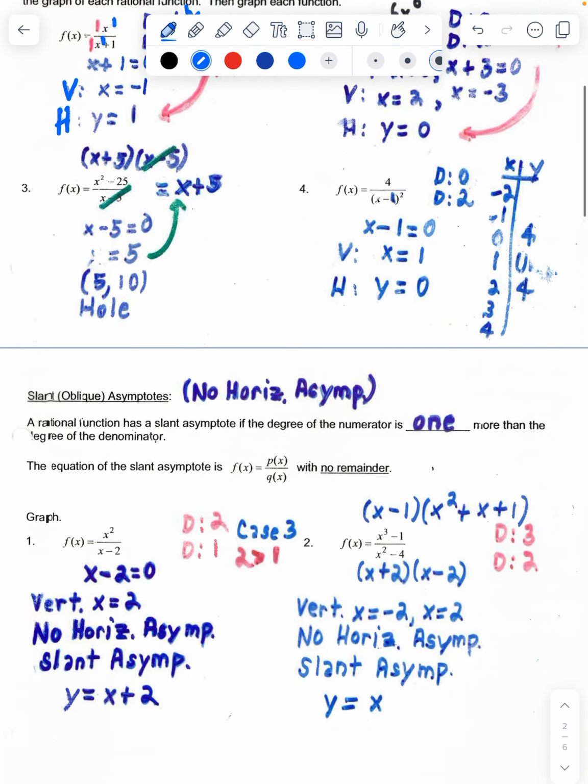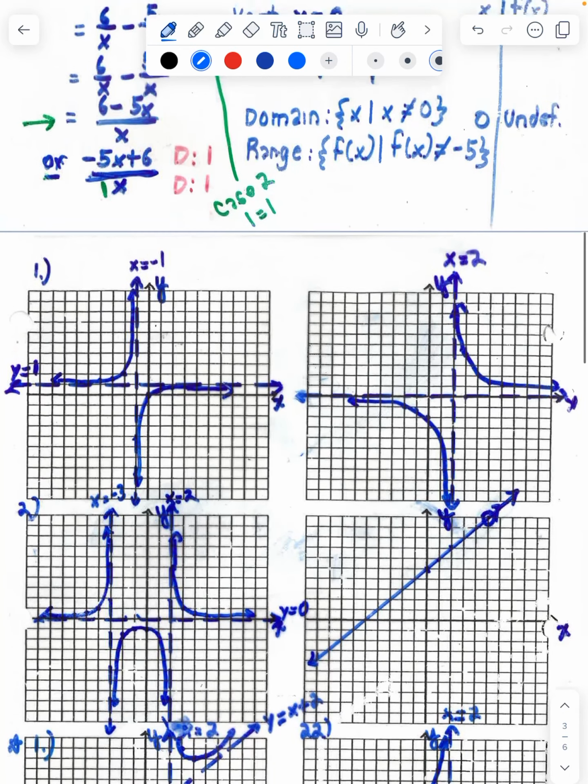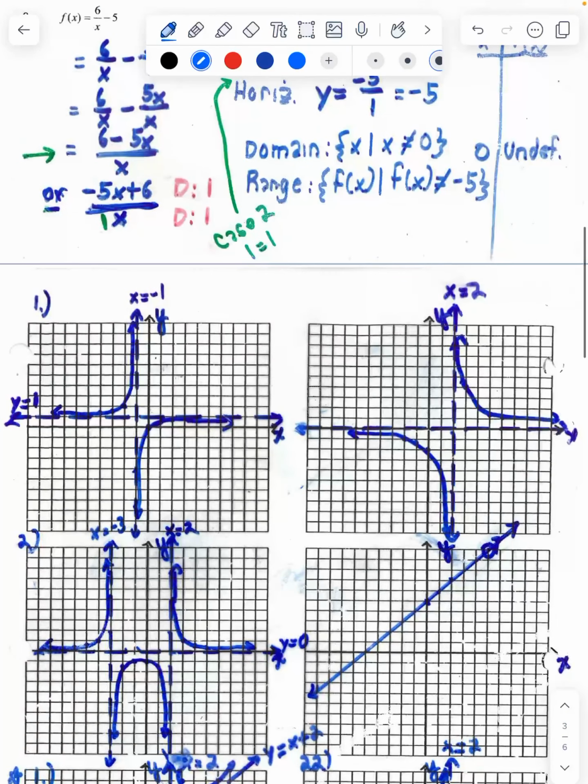In this case, I don't have those listed out, but I can show you the graph right here. Here is x equals negative 1, y equals positive 1, and I graph a few of the points. You need to copy that table of values, and then you draw through those points using the asymptotes as guides for the branches of your graph.